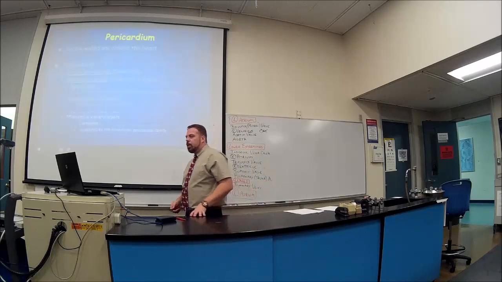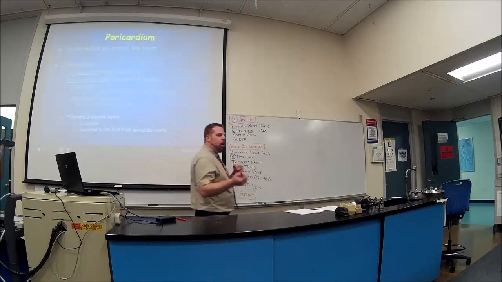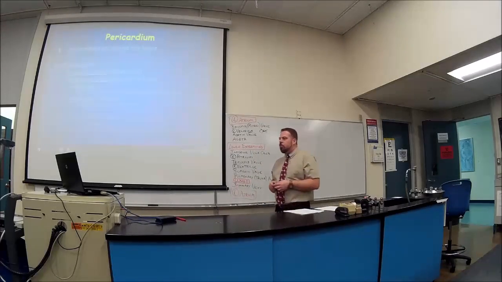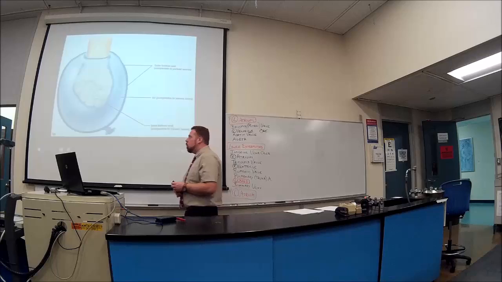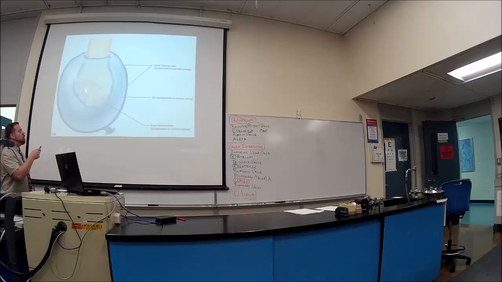The best way I could actually show you what this is, to express that the visceral and parietal layers are connected to each other, is looking at a simplified picture using this balloon. Let's take, for instance, the heart is the fist. The balloon is going to be your pericardium, the serous pericardium. There's going to be a layer that's going to be on the heart itself.